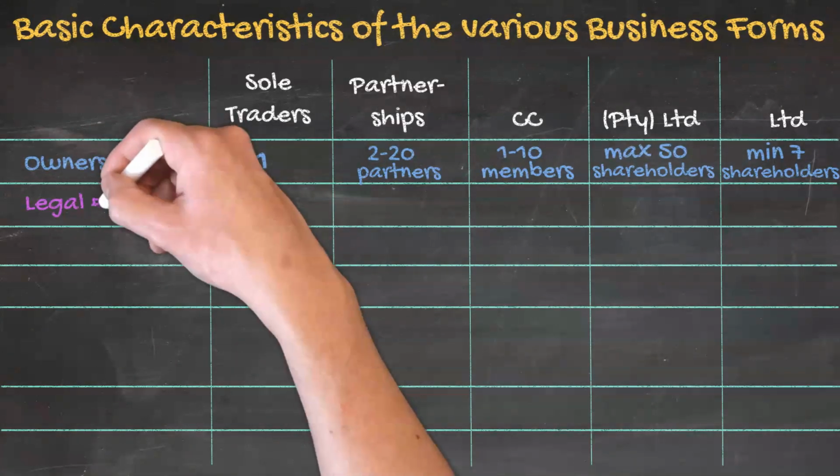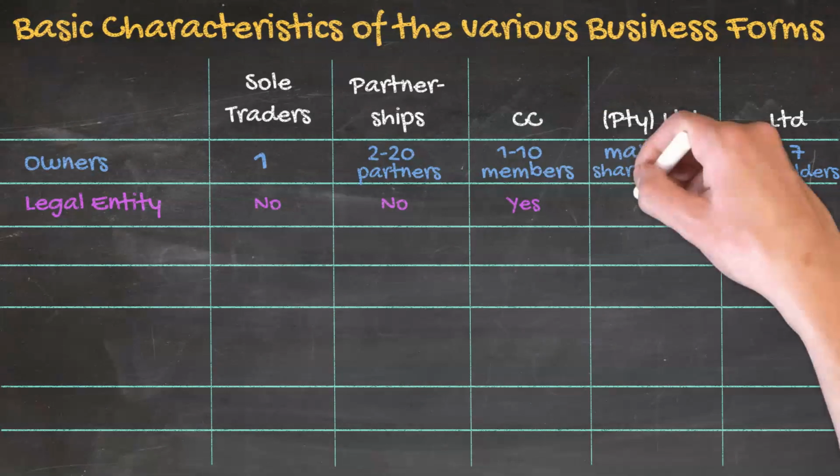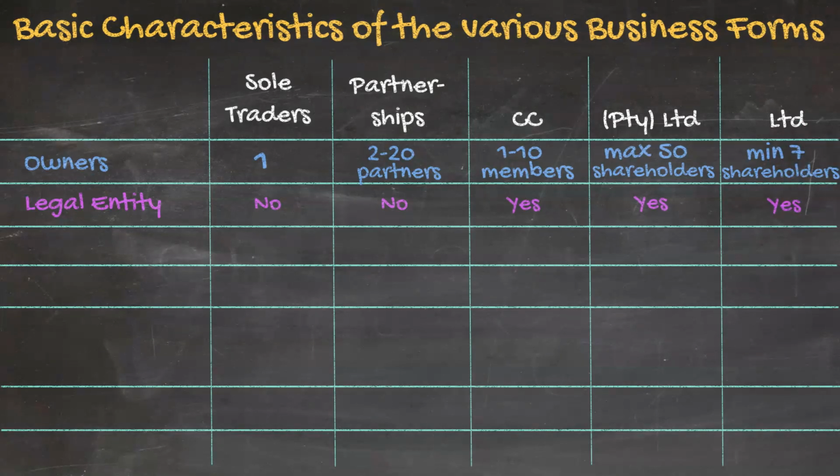And then if we talk about whether these entities are legal entities, with a partnership and a sole trader, no, because it's basically you or the partners trading as themselves. With a CC, a Pty limited, and also a limited company, then yes, those are seen as legal, standalone entities.